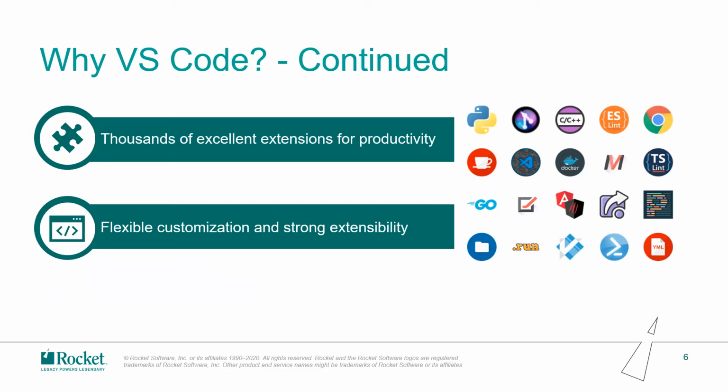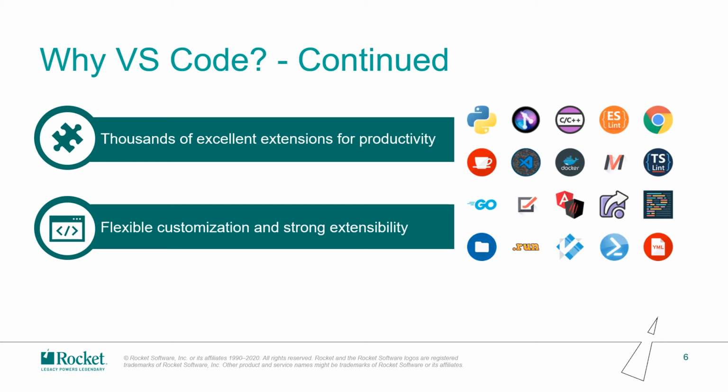Another important reason we choose VS Code is because of its scalability. As I just mentioned, VS Code is open source. It's very easy to do secondary development, and it supports many personalized configuration options. You could customize your own development environment very easily.